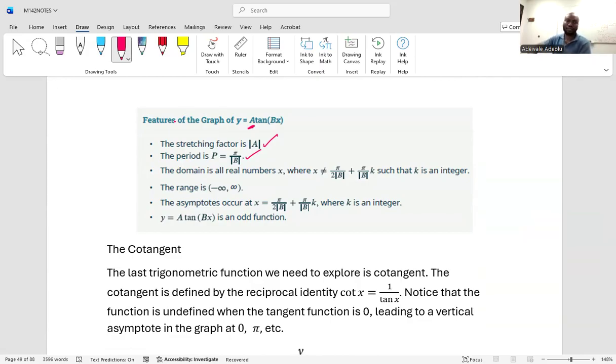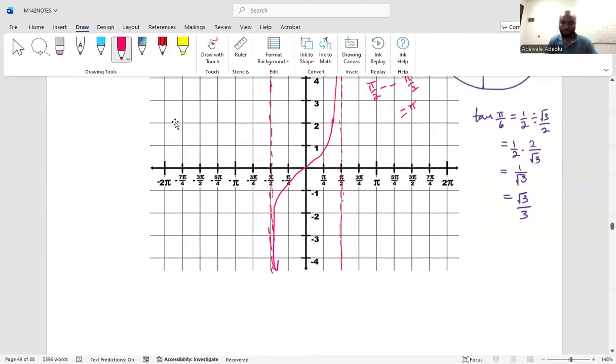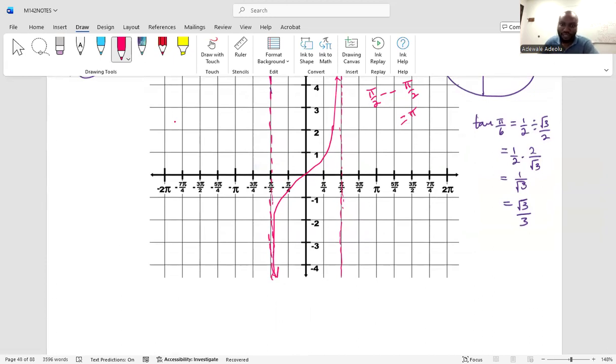The domain is all real numbers, except where x is pi over 2 plus pi k, let's say when B is 1. Let me quickly show you that. Look at this at pi over 2.